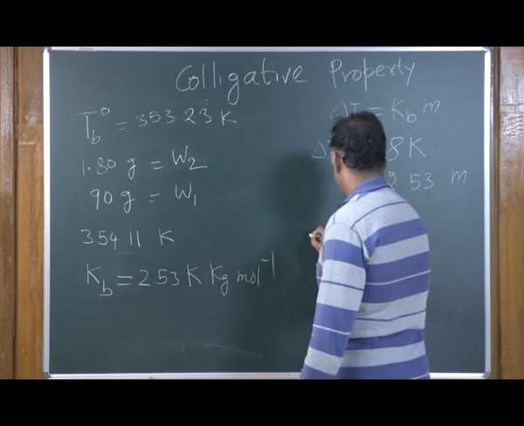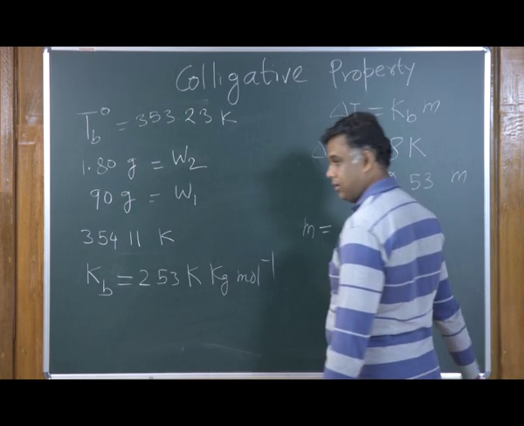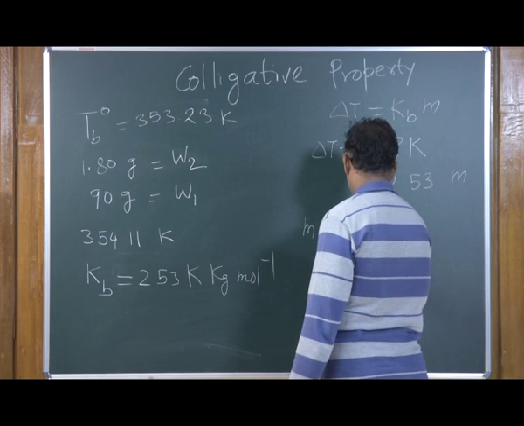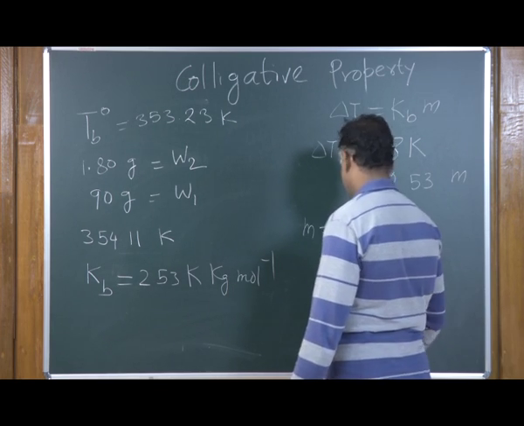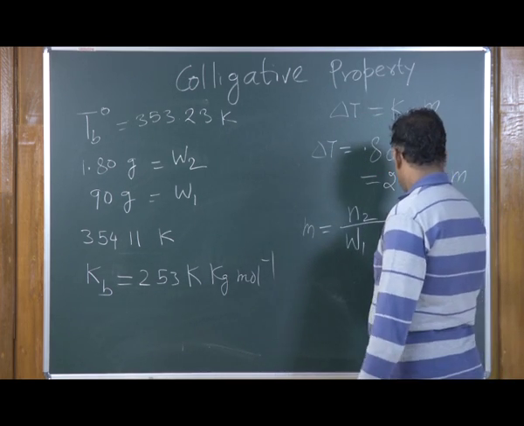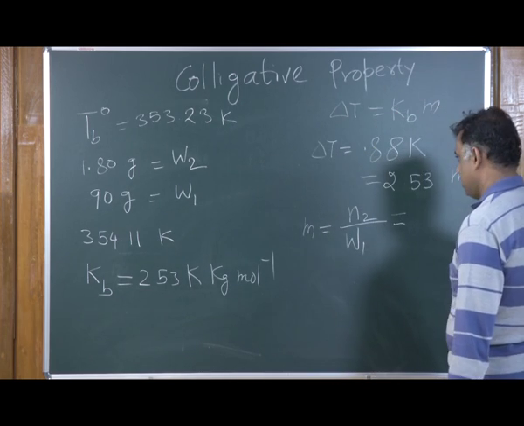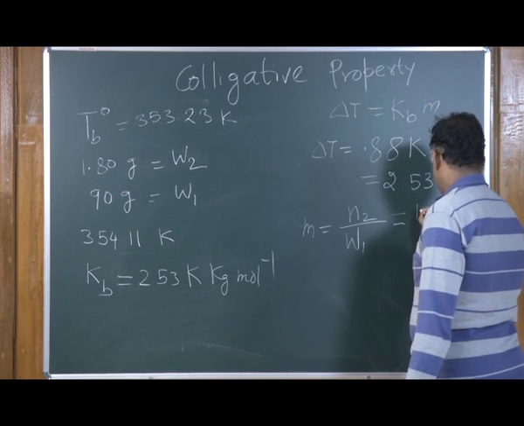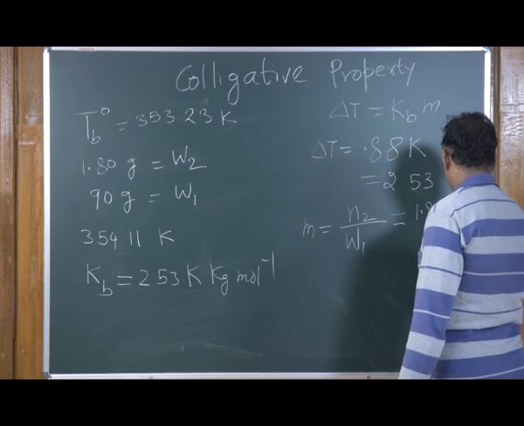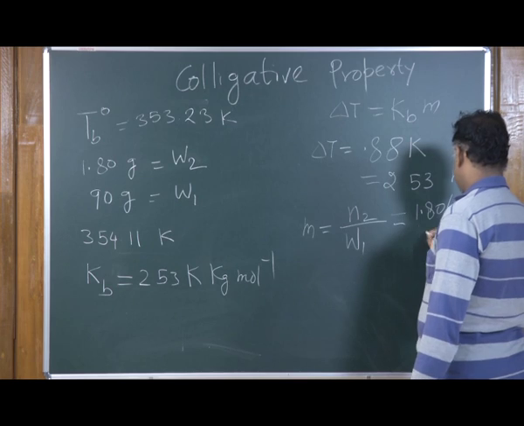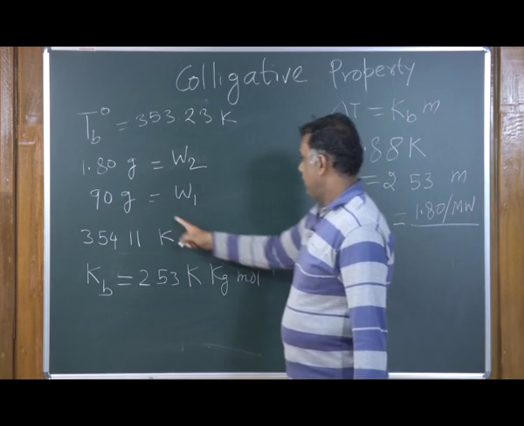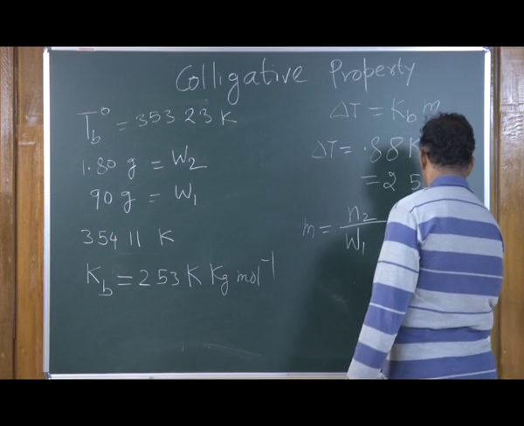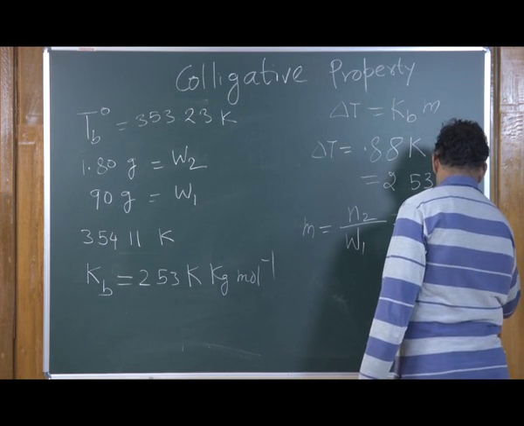Now, to calculate molality, the definition of molality is moles of solute divided by weight of solvent in kg. Okay. To calculate the moles of solute, we know the weight of solute, which is 1.80 gram, divide that by molecular weight of solute, divided by weight of solvent, which is 90 gram, but we have to use that in kg. So, divided by 1000.